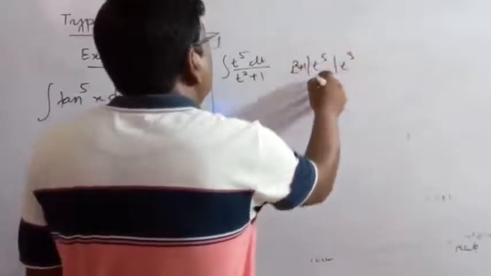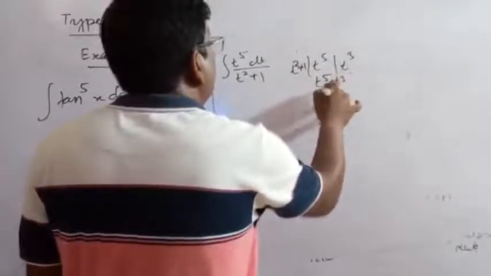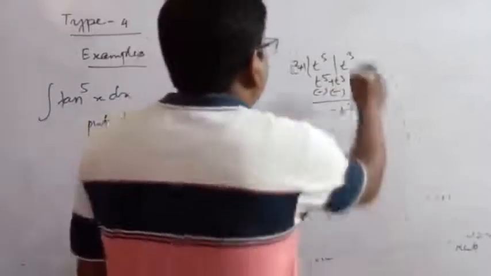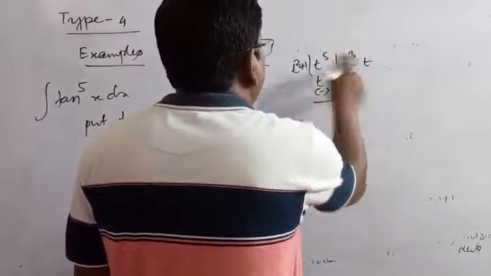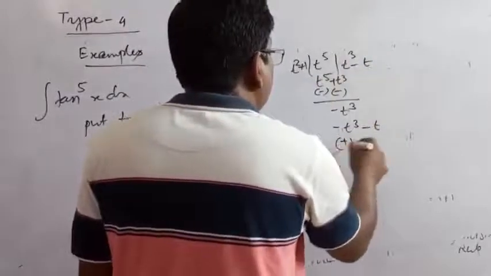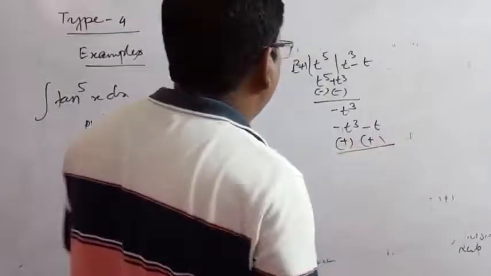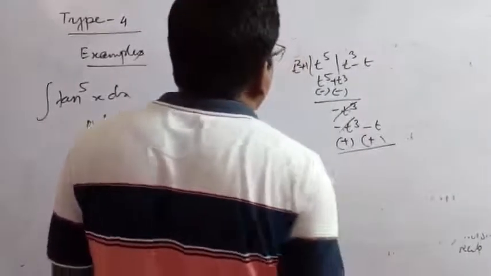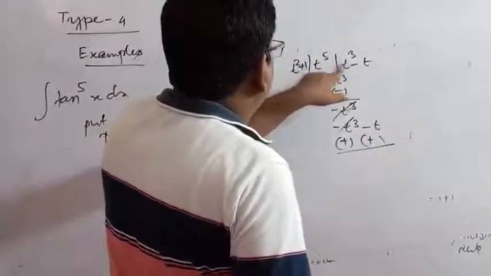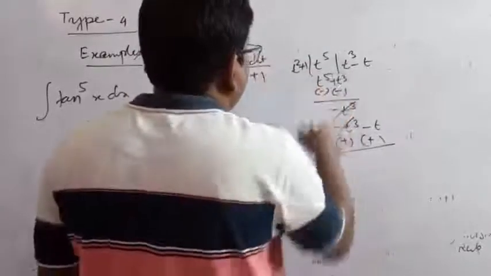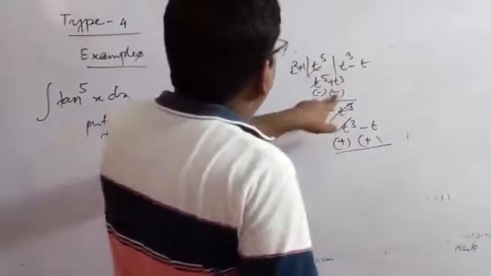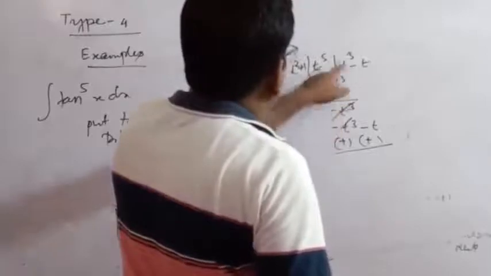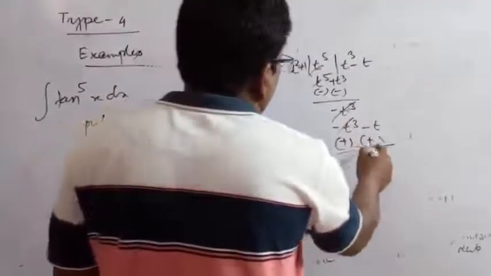This is rough work. So t5 plus t cube cancels, remaining minus t cube, then minus t cube minus t, and the remainder is t.